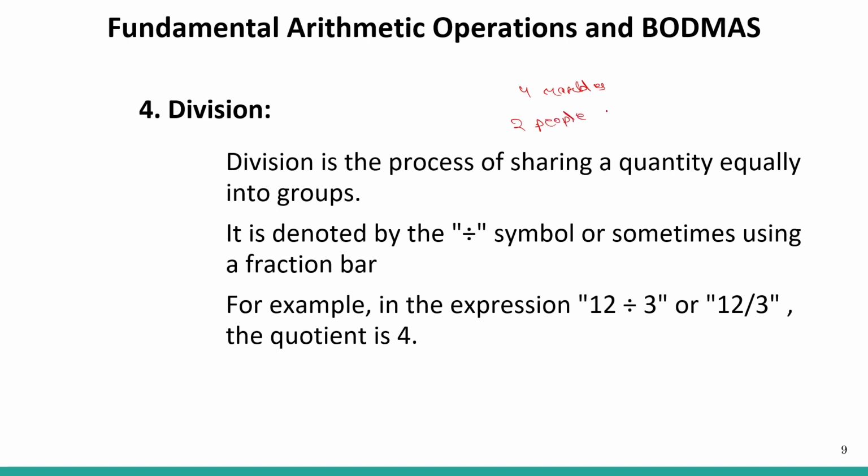We all know that each person will get 2 marbles. How did we get it? Basically by division. Division is the process of sharing a quantity equally into groups. Equally is very important. We never divide and get unequal proportions.